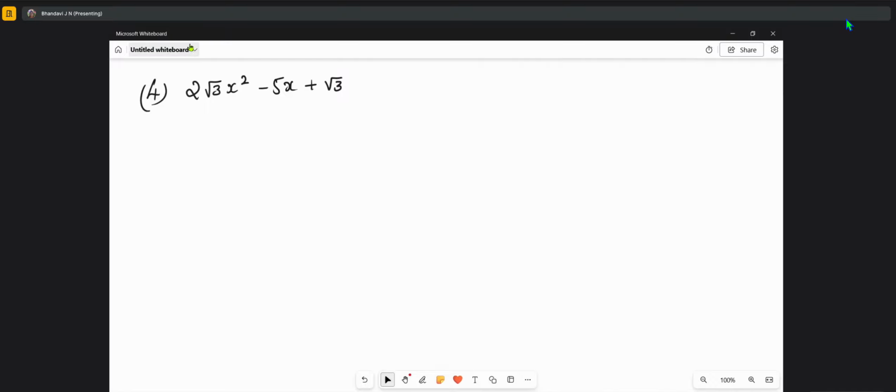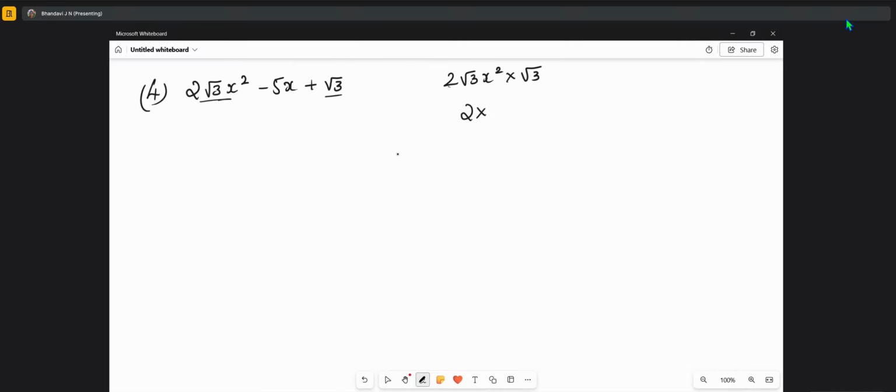Until now we used to do the middle term splitting where it was whole numbers, right? We didn't have the root. So here we have the root. How to do the middle term splitting in this? So 2 root 3 x square and root 3 is there. If I multiply, what I will get? 2 root 3 x square into root 3.